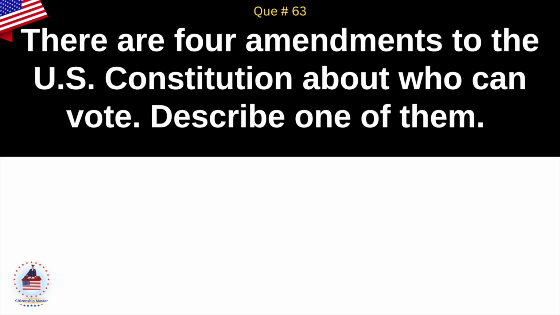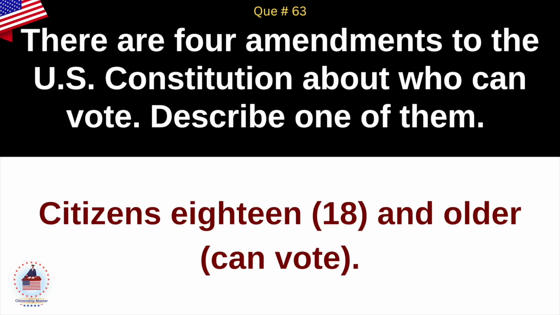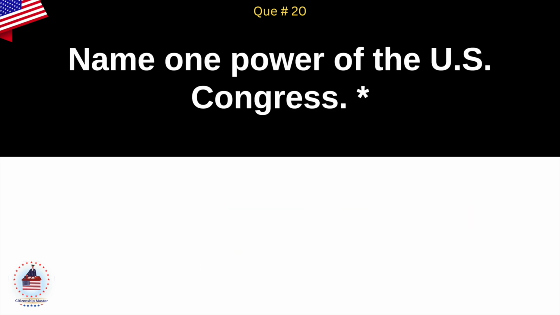There are 4 amendments to the U.S. Constitution about who can vote. Describe one of them. Citizens 18 and older can vote. Name one power of the U.S. Congress.